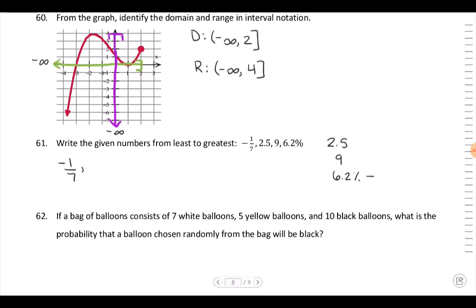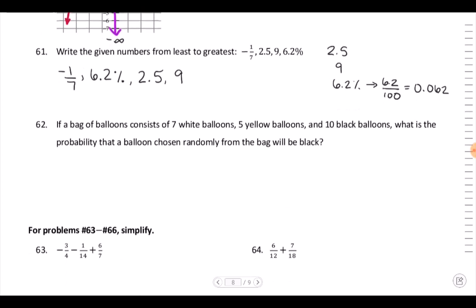Now 6.2% is per 100, right? So that means 6.2 divided by 100. And if I do that, 6.2 divided by 100, I'm going to get 0.062. Okay, and then I have 2.5 and 9. So it looks like I'm going to put my 6.2% next, because that's smaller than 2.5. And then 2.5, and then 9. Okay.